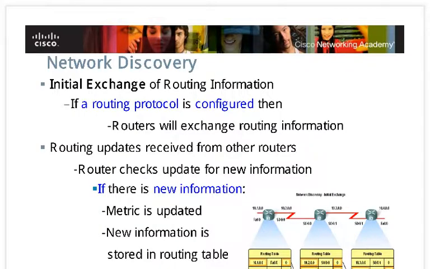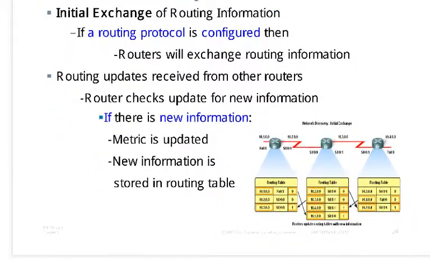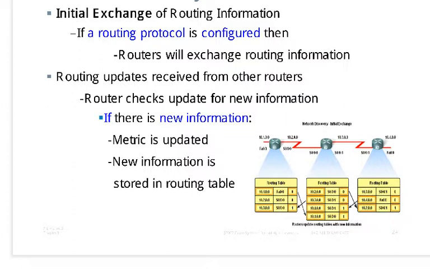The initial exchange of routing information, this is the first round of exchange. In the first round, this router will send information about the directly connected networks to router 1 and to router 3.